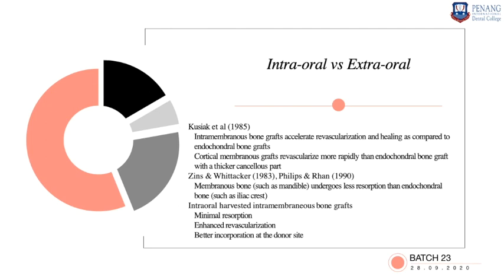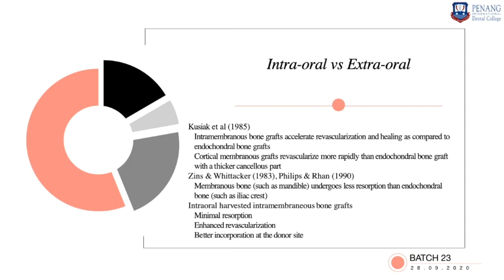The membranous bone graft, such as the mandibular bone graft, will undergo a lower resorption rate compared to an iliac bone graft. The resorption rate of a mandibular graft, the ramus graft, will be lower compared to the iliac bone graft. So the intraorally harvested graft has the properties of minimal resorption, enhanced revascularization and better incorporation to the donor site.